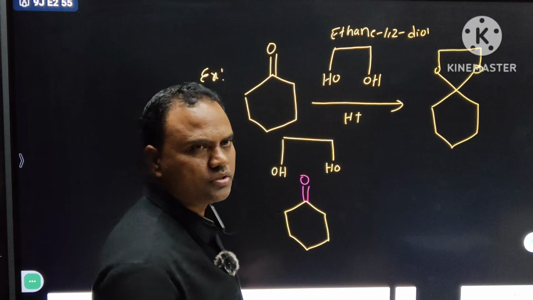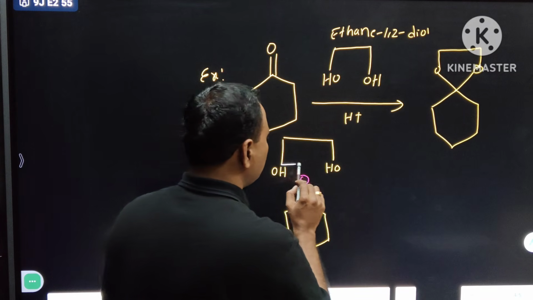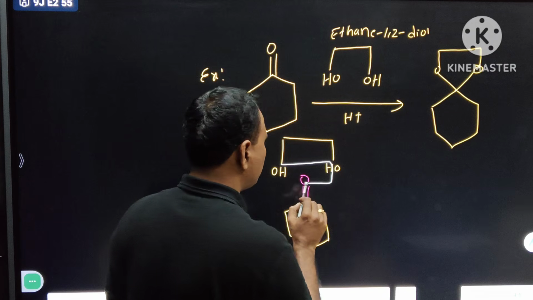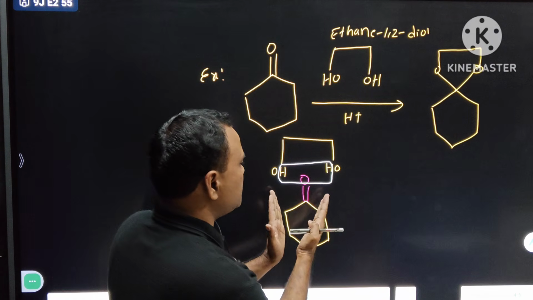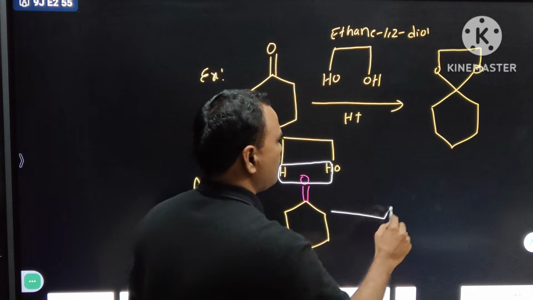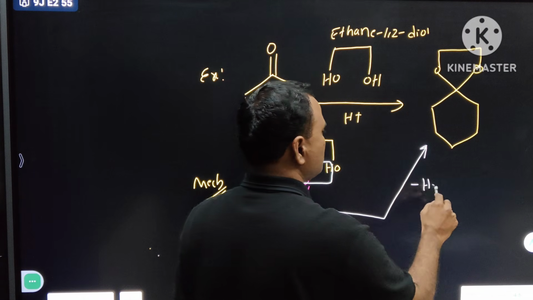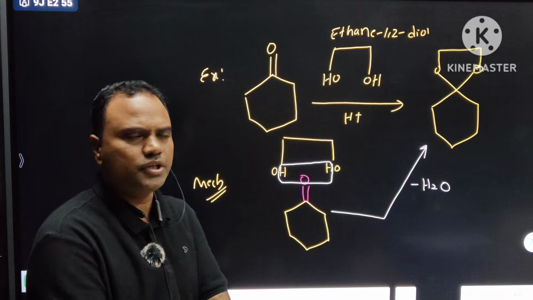Guess what I'll do next. Removal of H2. This double bond will split and attaches to oxygens. Yes. Minus H2. This is a very simple shortcut mechanism. Okay, right.